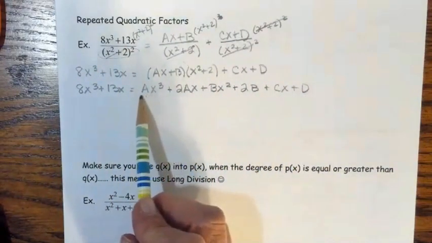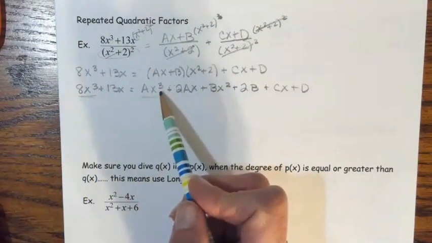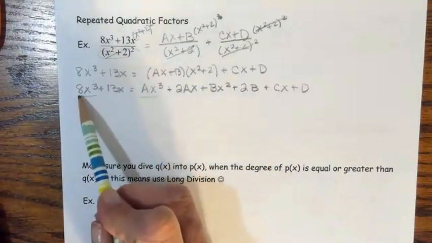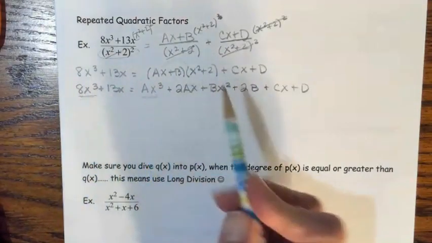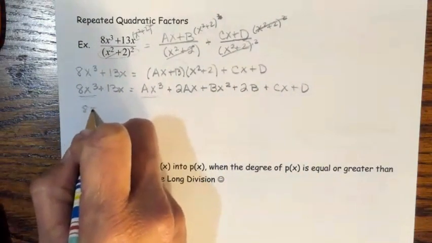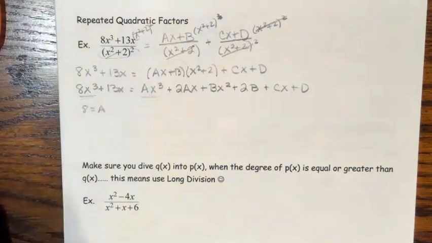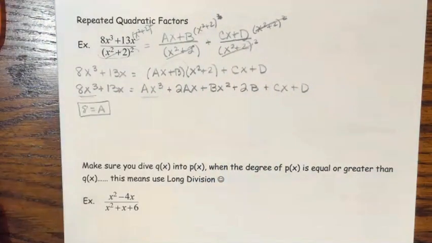I just have one x to the third term and one x to the third term. So since the coefficient in front of this x to the third term is 8, that has to be the same as the coefficient in front of that x to the third term. So that tells me right away that a is 8. Pretty easy. You could do that with the other ones as well. If you didn't want to start substituting things randomly, you could always multiply things out and do it the same way.